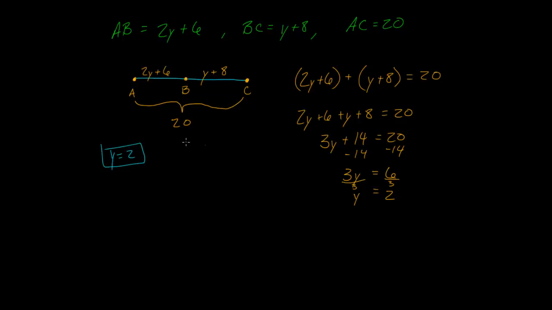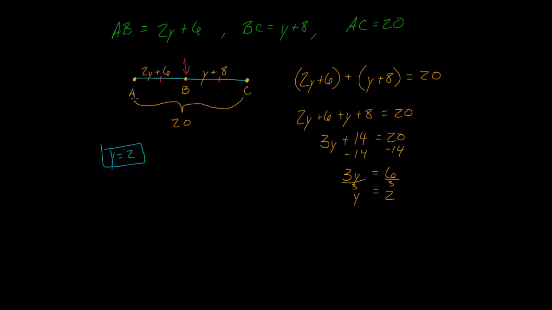Now it asks us to determine if B is a bisector. If B was a bisector, what would we know about AB and BC? We would know that they were equal to each other. You could draw a line right here and say these are congruent. That means they're equal and will be the same length. How do we determine that?